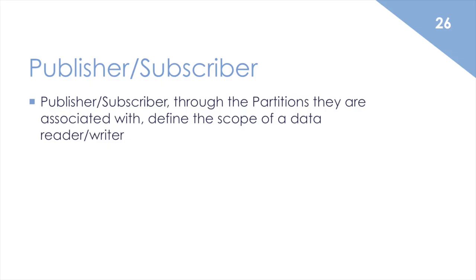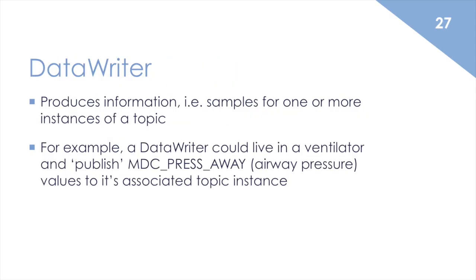As in many other middlewares, DDS has a publisher and subscriber concept. Although in DDS, what's traditionally called a publisher is actually called a writer. So a writer is a provider of data samples to the system. So for example, a data writer living in a ventilator could be publishing airway pressure to its associated topic instance.